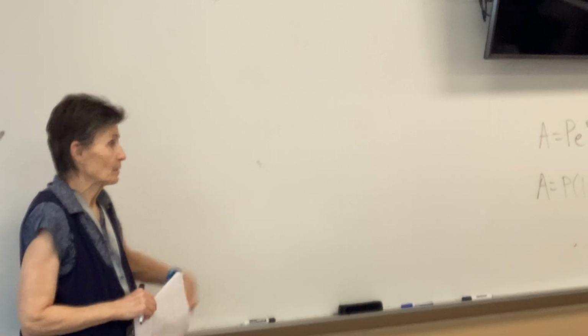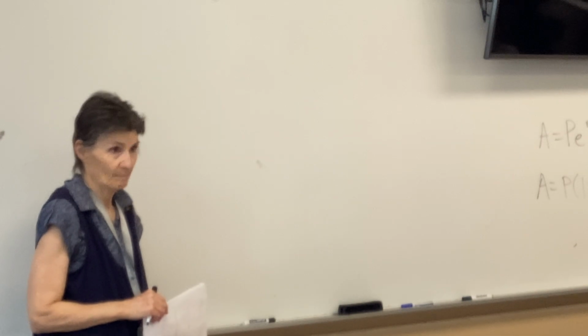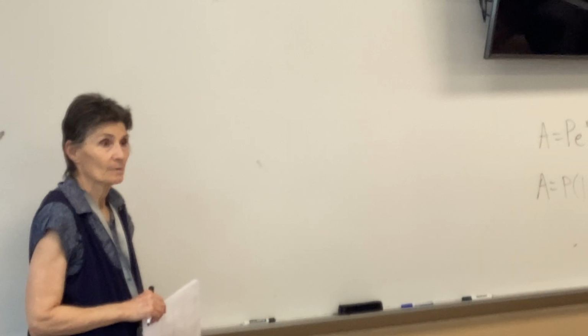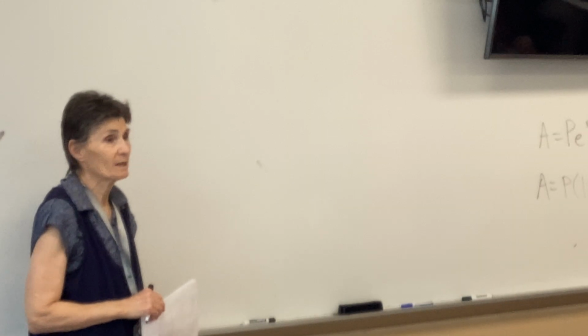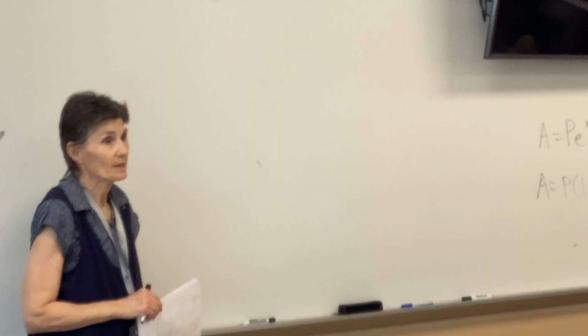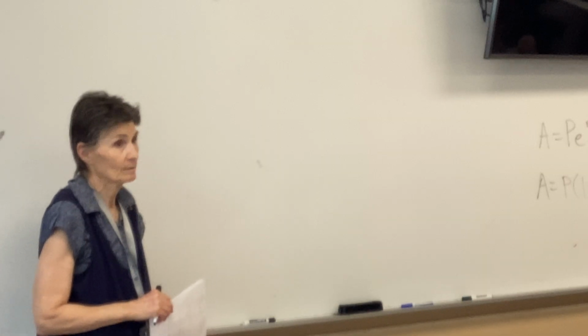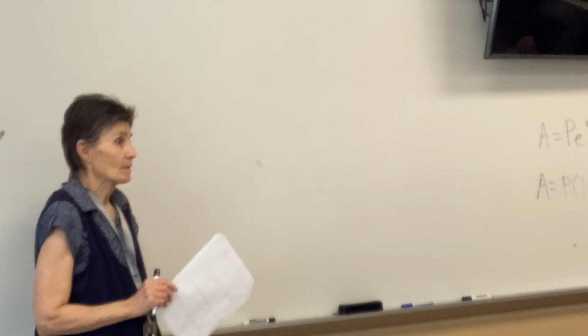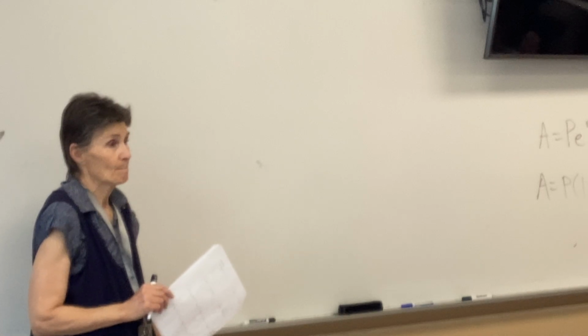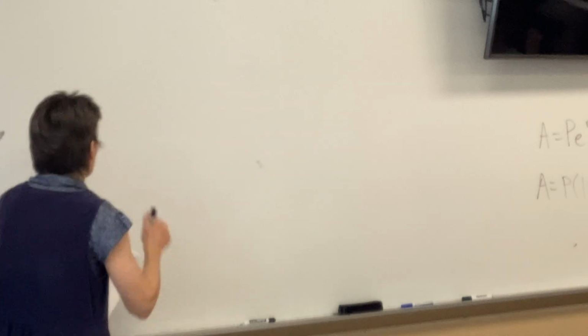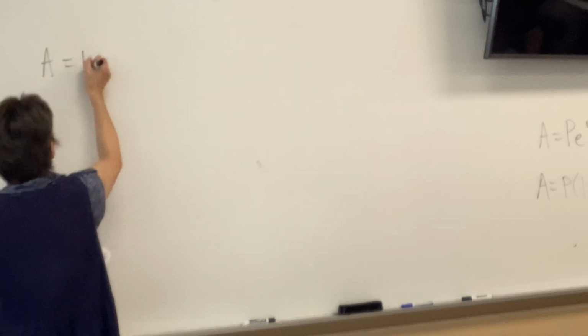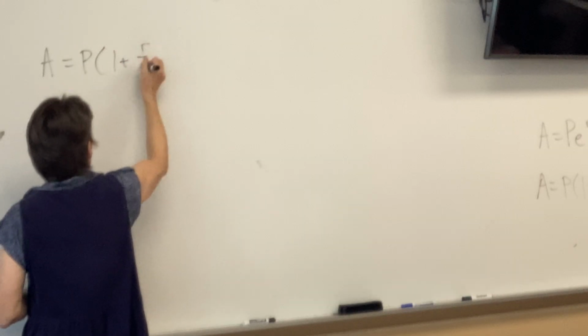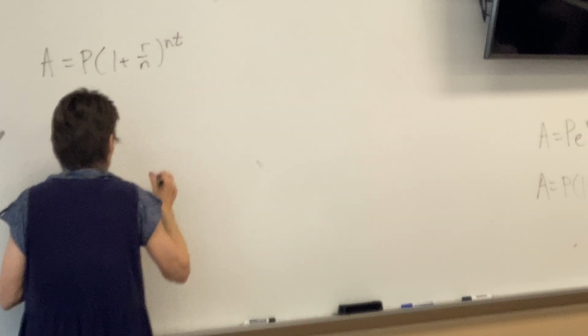Step 1, pick a formula. Quarterly, it's every 3 months, but it's 4 times a year. N is how many times a year. Which formula? Second one. So I'm going to use my second formula, and I'm going to start plugging stuff in.